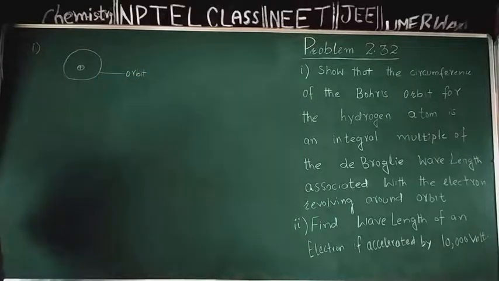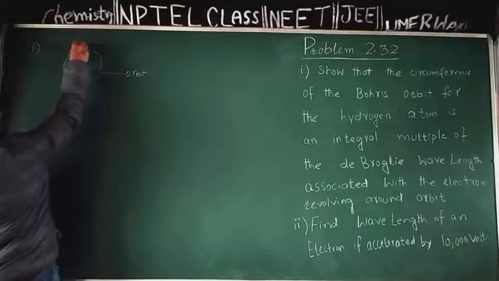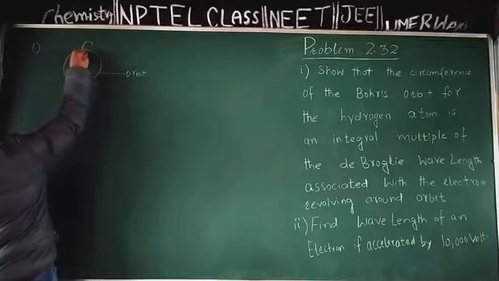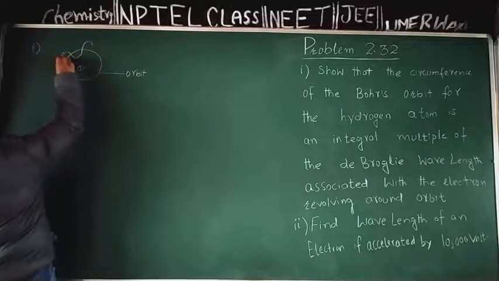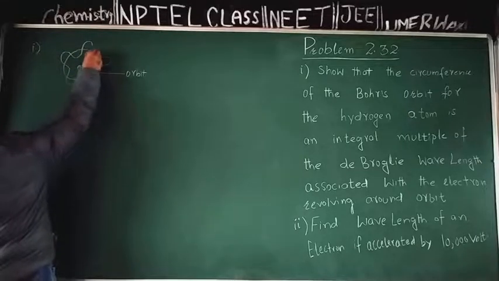De Broglie, in his concept of wave nature of electron, said that electron is a wave. It will move in form of crests and troughs.